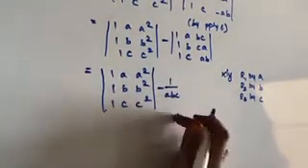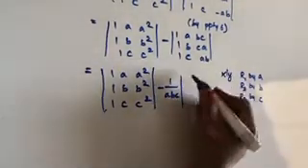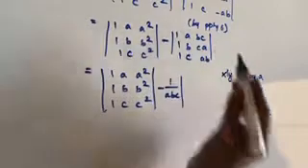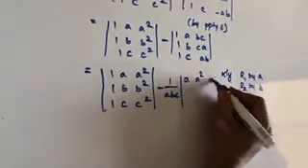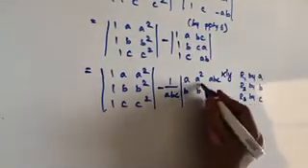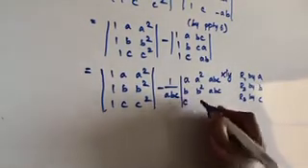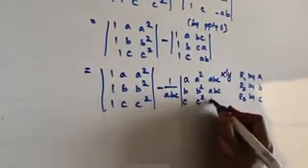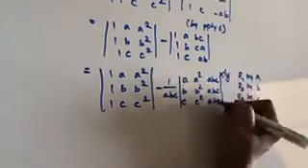By dividing it and multiplying it with the same value, the value does not change. So, now we multiply row 1 by a: a square, abc. Row 2 by b: b square, abc. Row 3 by c: c square, abc.